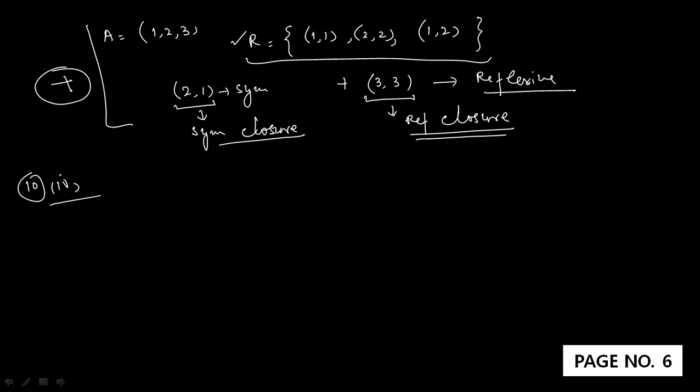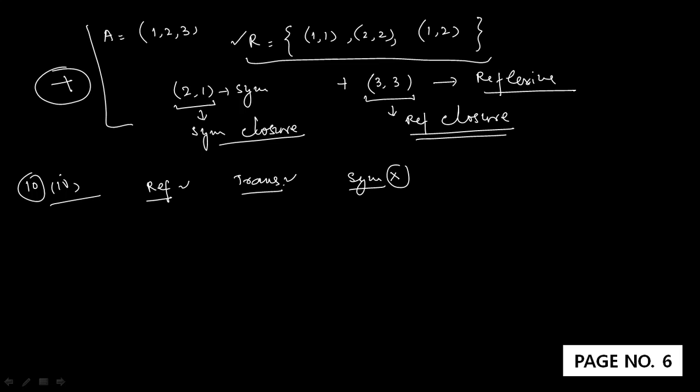Now the fourth part is, you have to write the set or relation which should be reflexive and transitive, but symmetric nature should not be there. This condition should not be there.